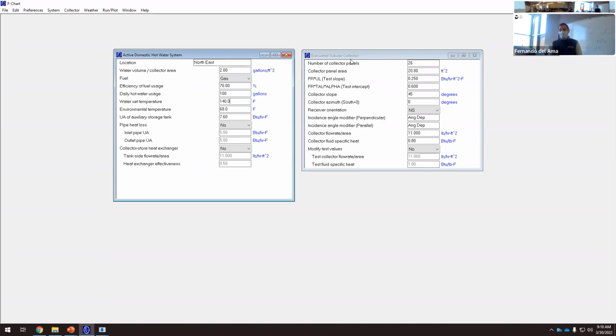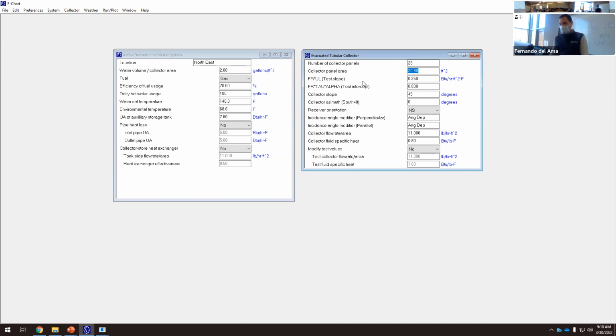Then the number of collector panels. This is what we have to find out. This is the second question. So what's the number? We have to try something, 26. It's going to be too much, I think. The collector panel area, we can leave this. When we select a collector, we will have specifications, and then we will have the area of that panel.